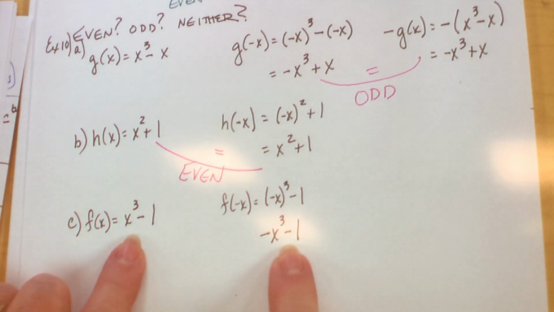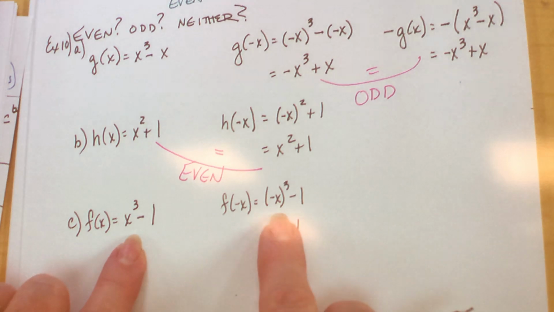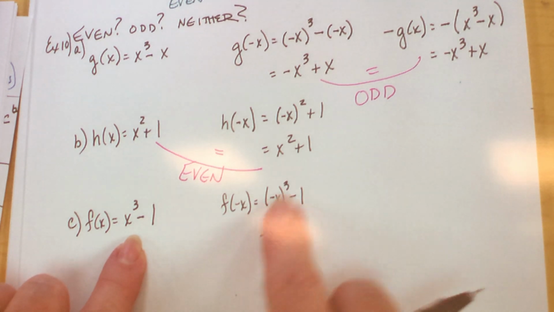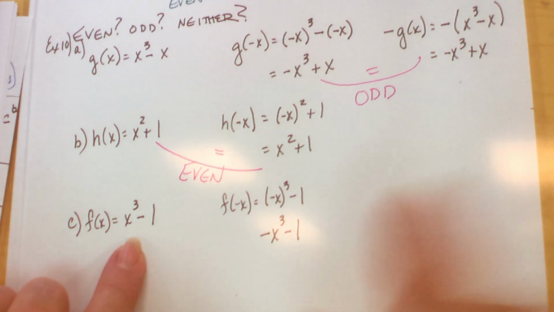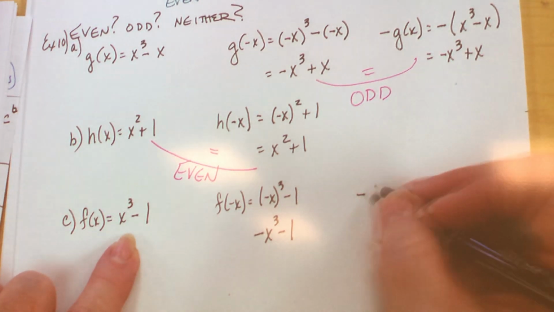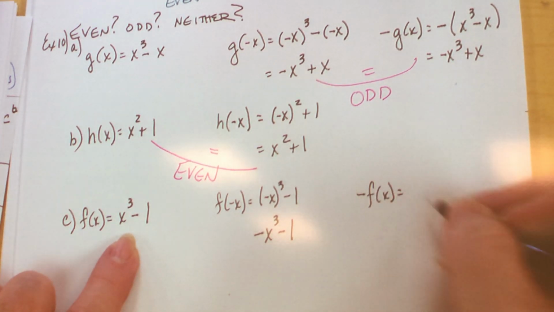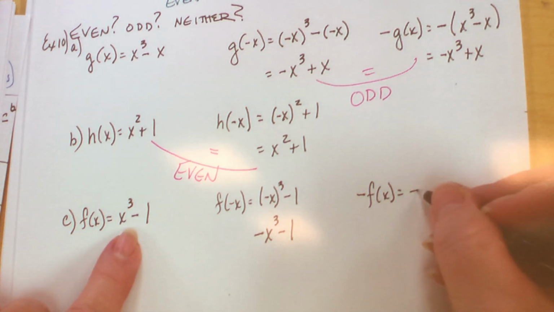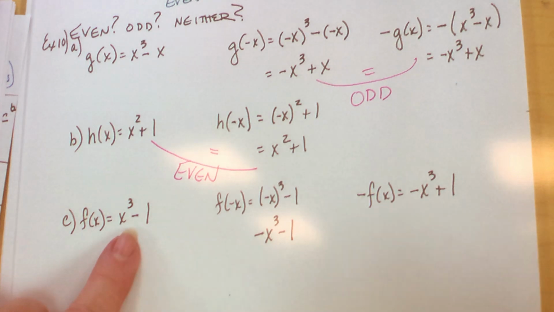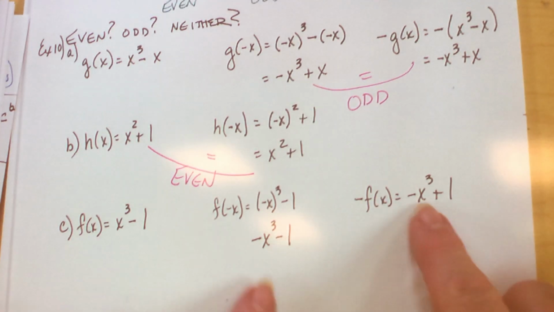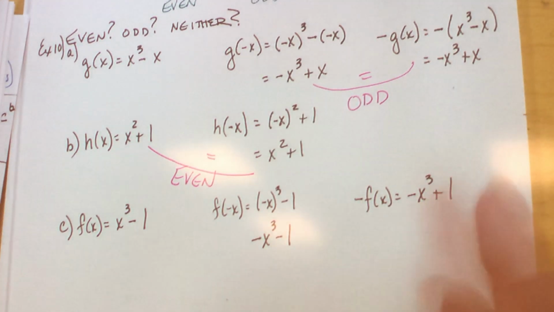Is it even? No. I put my negative x in. A negative raised to an odd power is always negative, so they're not alike. Now I'm going to do the opposite of f of x, which means I'm going to change all the signs. Negative x to the third plus 1. You have to change all the signs, okay? Are these two equal? So what's my answer?